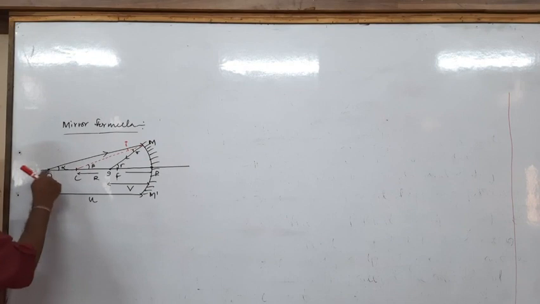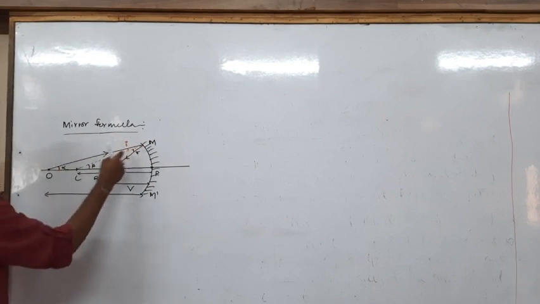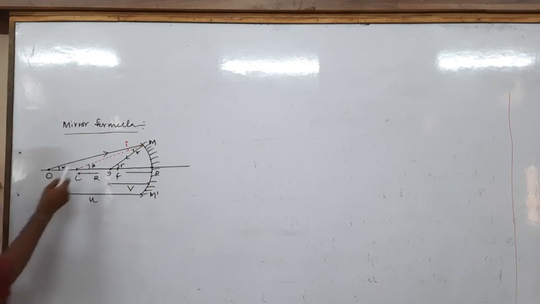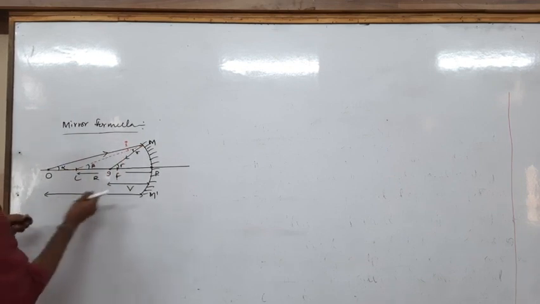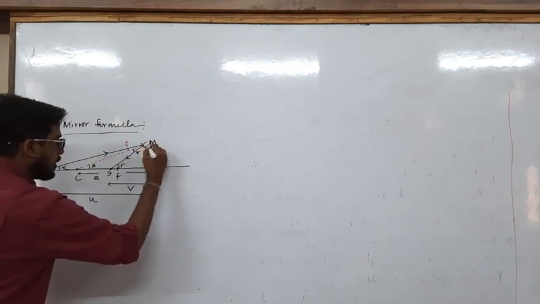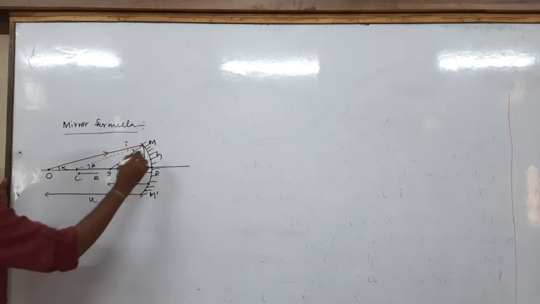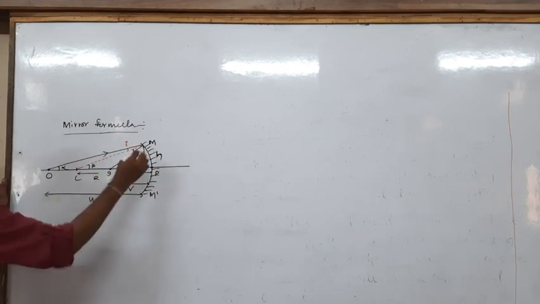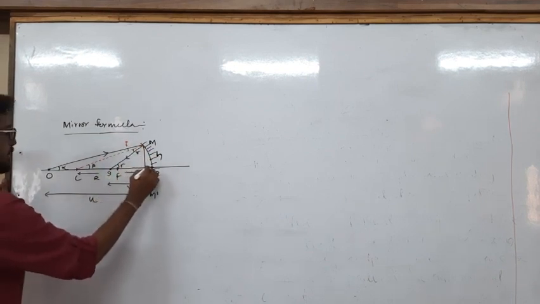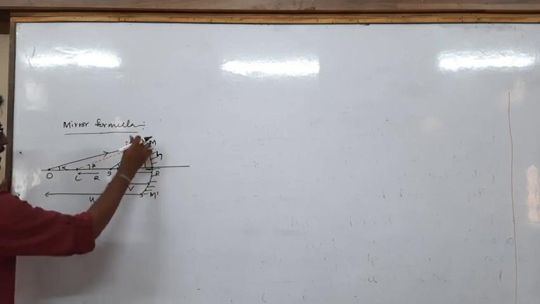So now in triangle OMC, beta equals I plus alpha. If the height from pole to M, the aperture, is very small, this height can be taken as H, MP is taken as H. The distance is negligible in comparison to P, so this can be taken as MP.